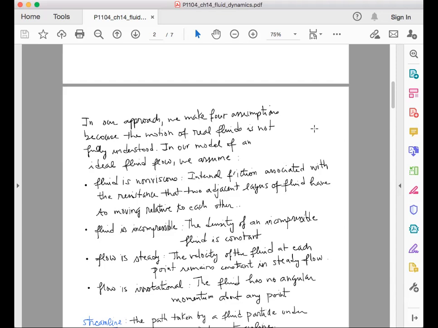Then about the flow, we will make an assumption that the flow is steady, which means that the velocity of the fluid at each point remains constant in a steady flow. And all the lines are parallel to each other, and the particles moving on one line cannot cross to another line. And finally, the flow is irrotational. In few words, we can explain this in the following way: the fluid has no angular momentum about any point.